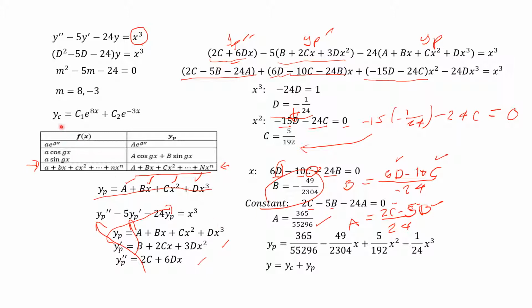Your y sub c is here, and your y sub p is there. Just combine. You have the general solution. Y equals c1 e to the 8x plus c2 e to the negative 3x plus 365 over 55296 minus 49 over 2304x plus 5 over 192x squared minus 1 over 24x cubed.